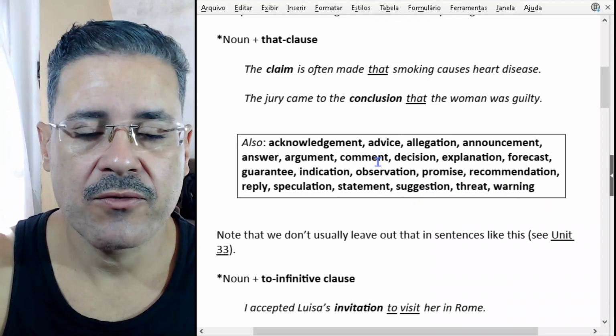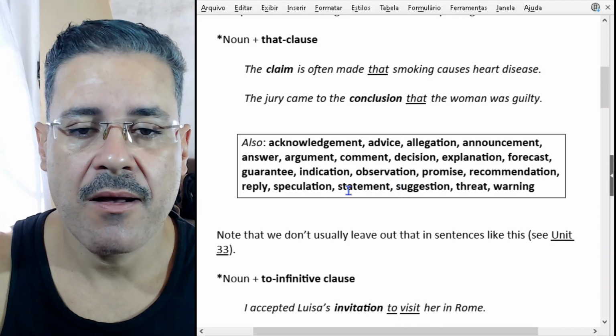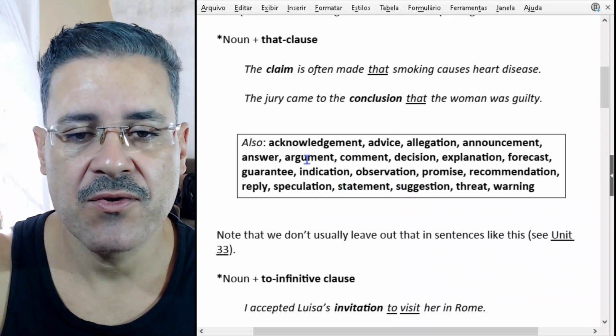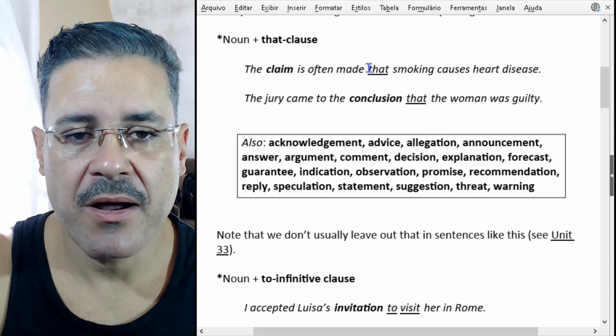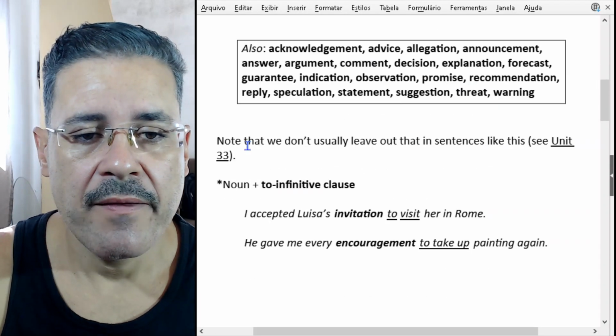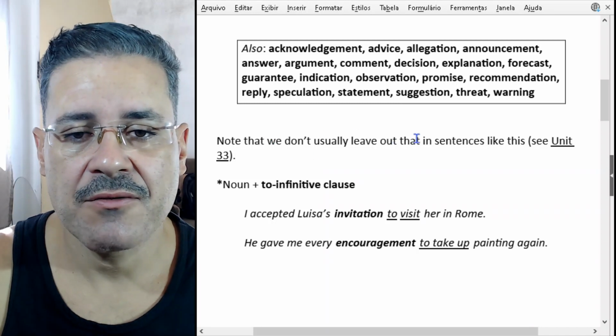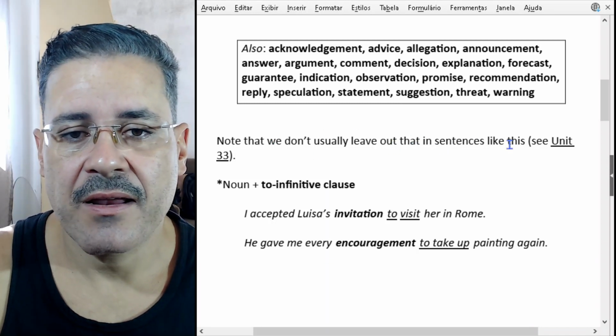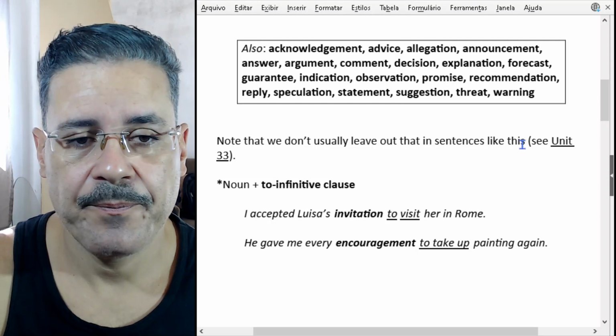All of those are nouns. They come from the verb, and we use those nouns followed by a that clause in that pattern. Note that we don't usually leave out that in sentences like these.